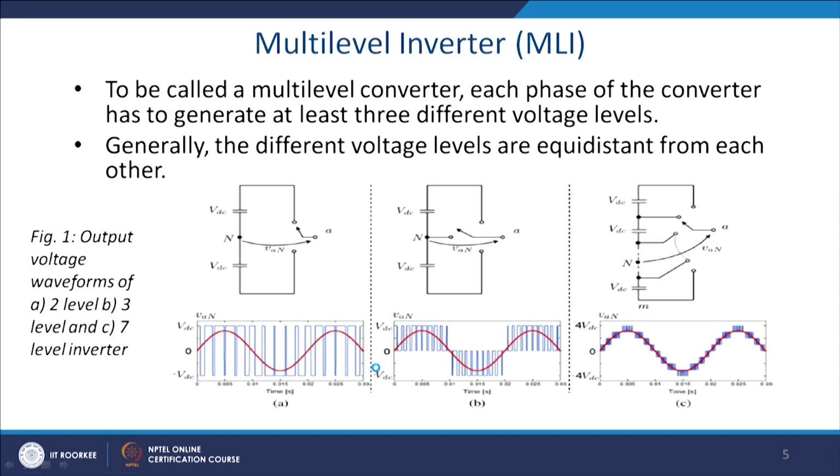Now, this is an example of it. We call it a multi-level inverter when each phase of the converter has to generate at least 3 different voltage levels. Generally this is the first one, you can see that it generates plus VDC and minus VDC.